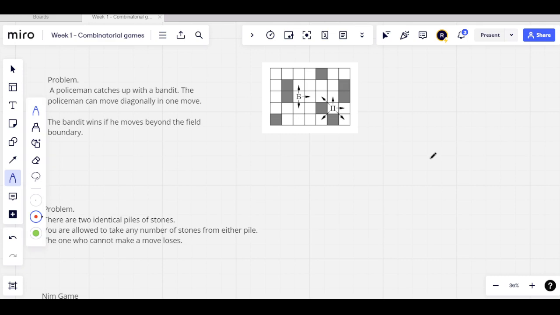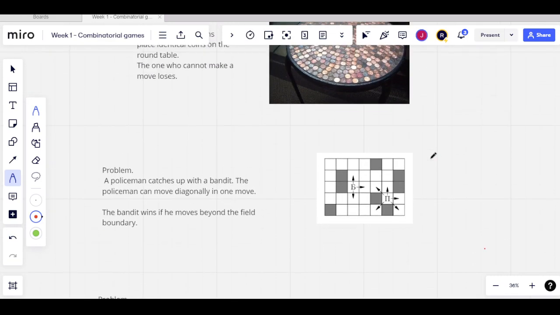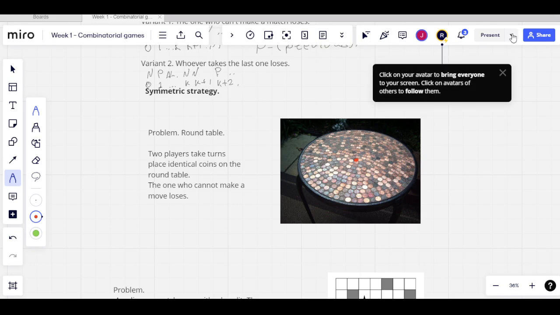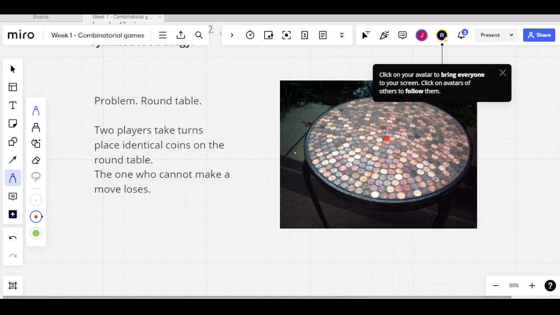What happens next? The second player puts a coin wherever he wants, and our turn will reflect his turn, and that's it.